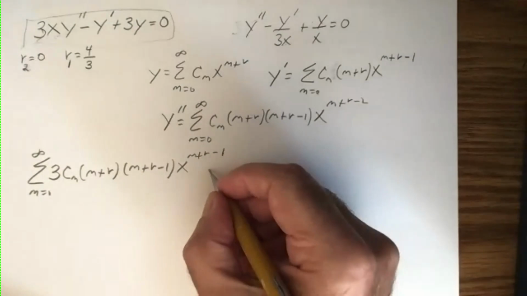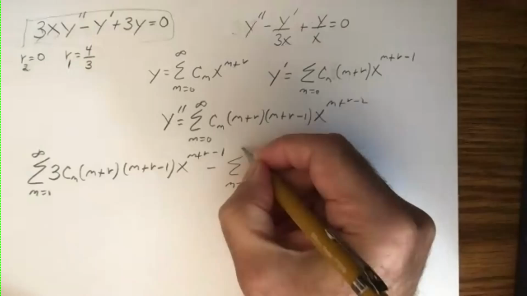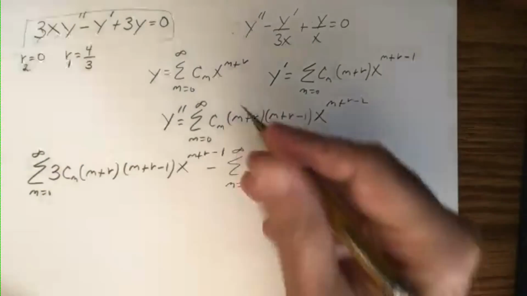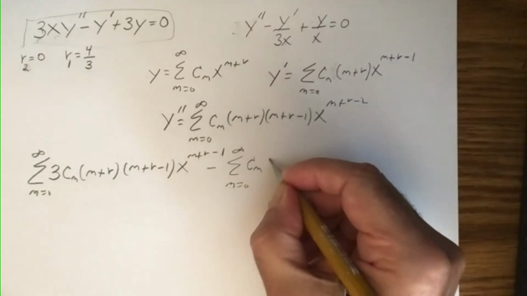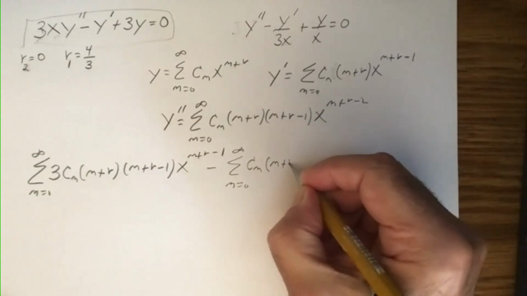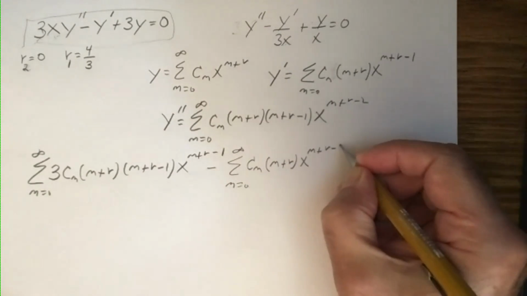Okay, and then I have a minus summation, n goes from 0 to infinity. And this is going to be c to the n, n plus r, x to the n plus r minus 1.